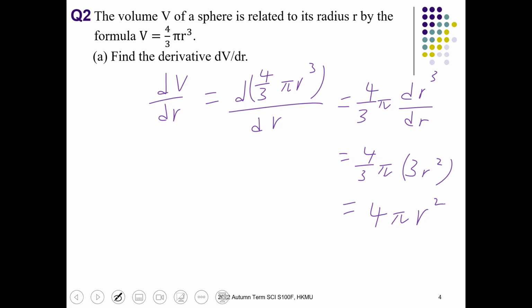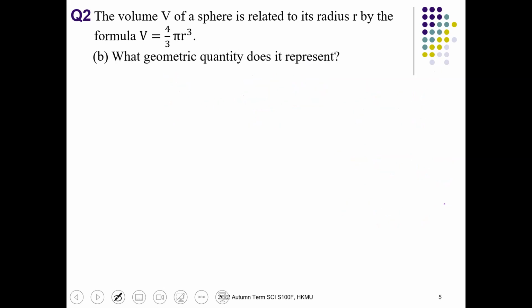That is power order of 2. So what is the geometric quantity of 4 pi r squared? Any idea? Total surface area, yes. This is the total surface area of the sphere.